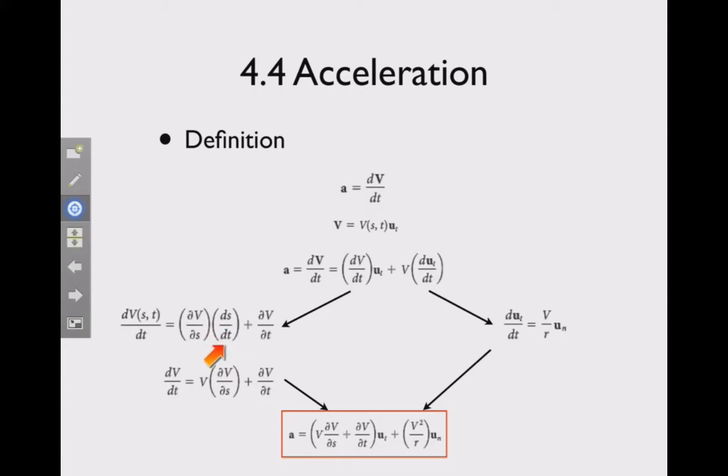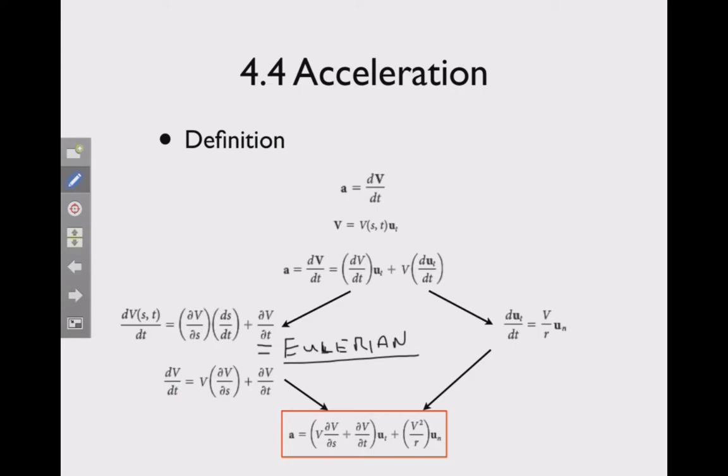Note that ds dt is just capital V, so that comes down here. This term becomes v times del v del s. And we also have, through the chain rule, del v del t, where we're holding space constant. Now this is very important because this is very clearly the Eulerian approach, because we're holding space constant and looking at the velocity changes in time at particular points.